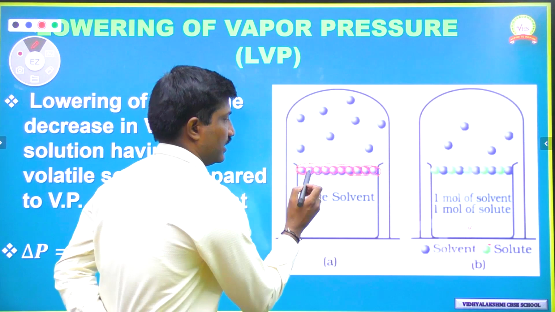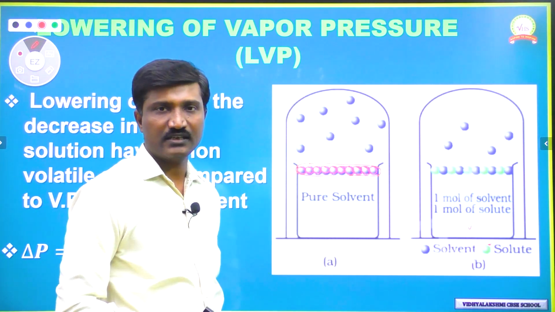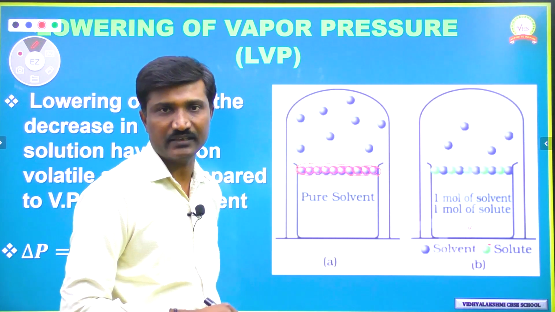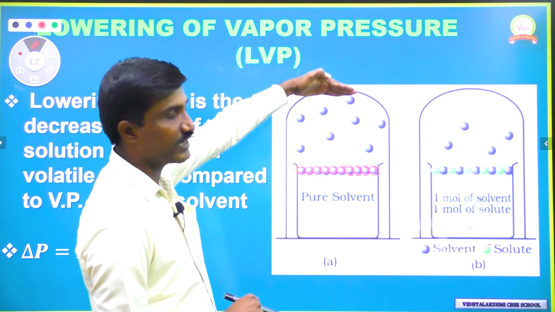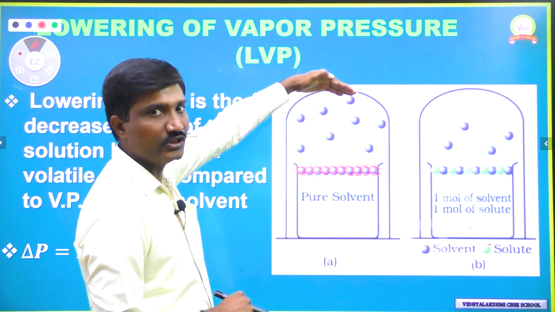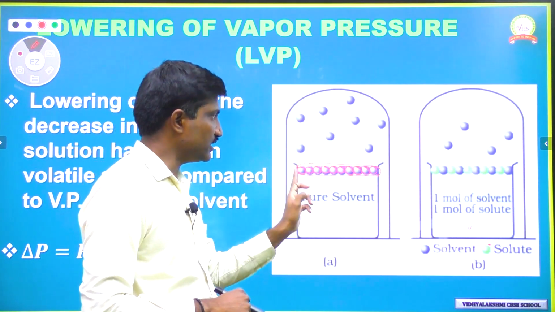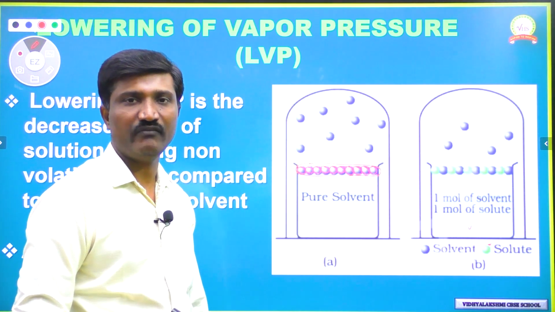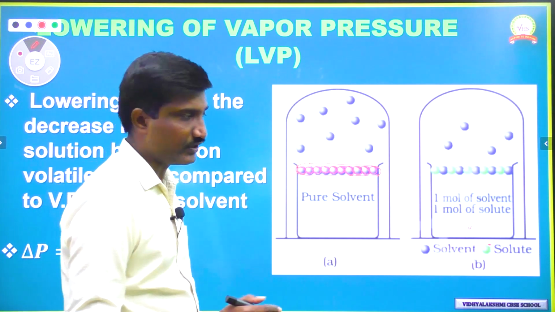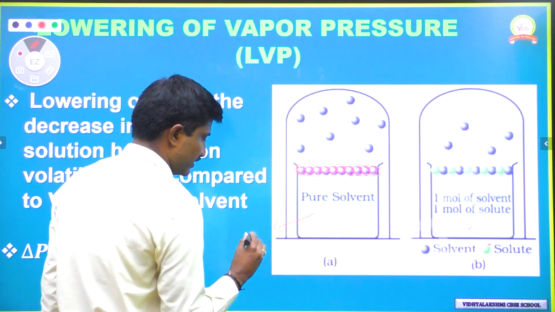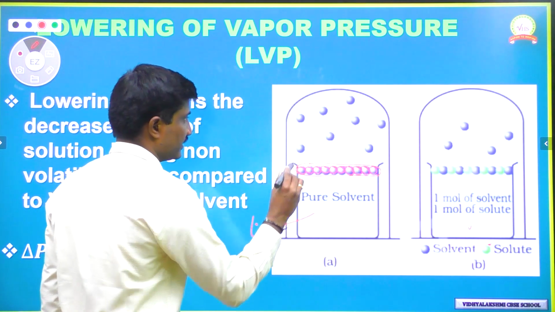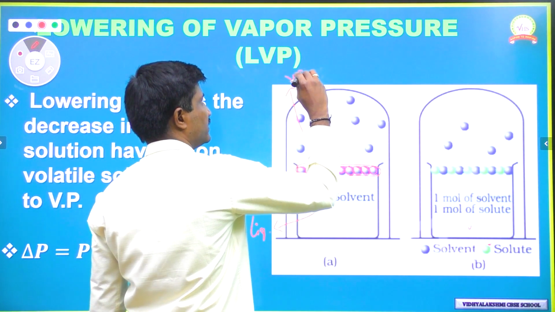No solute particles occupy the surface, so those solvent molecules enter the vapor state. Those vapors cause some pressure on the lid of this flask. That pressure is called vapor pressure. So this is the liquid state and this is the vapor state.